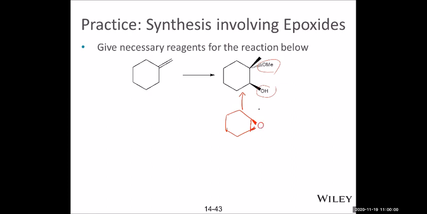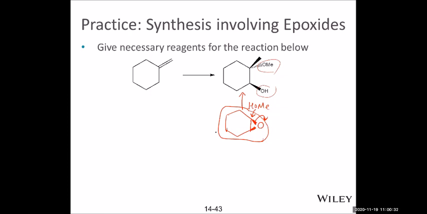And the epoxide, if attacked by the alcohol, will give me this product, because the alcohol oxygen can attack the carbon and open the ring, giving me that. So basically, the last step should be the epoxide with alcohol reaction. But we need to get this epoxide.